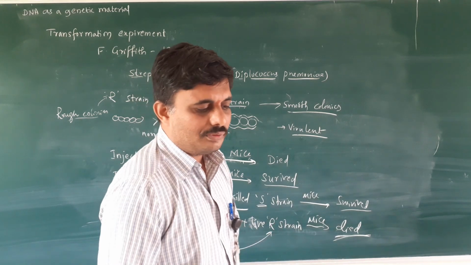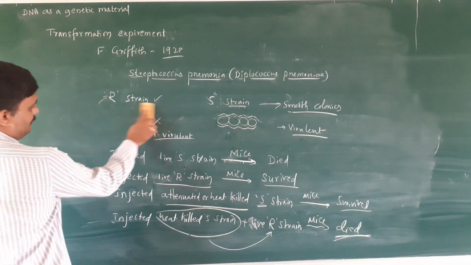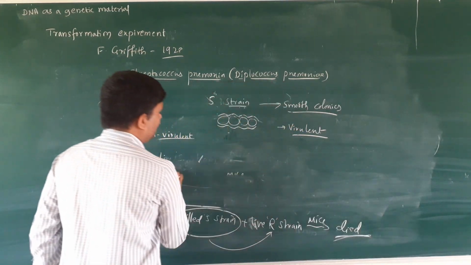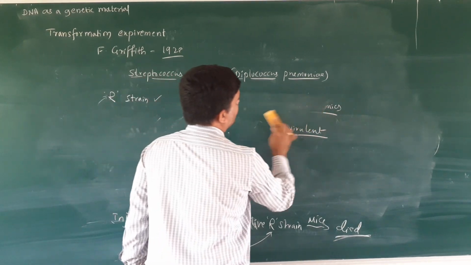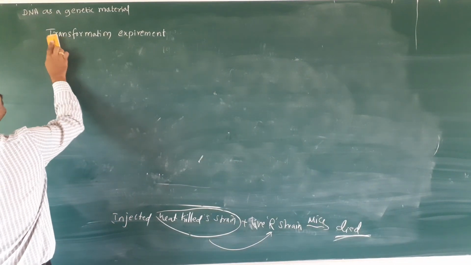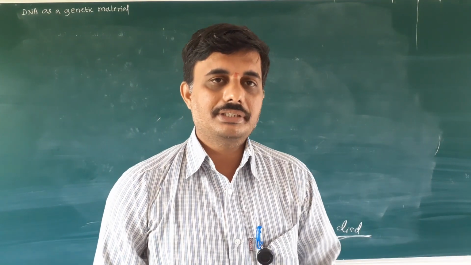So this is about the transformation experiment given by F. Griffith. This continued in the discovery of DNA as the genetic material.